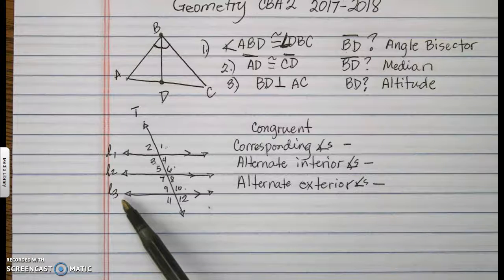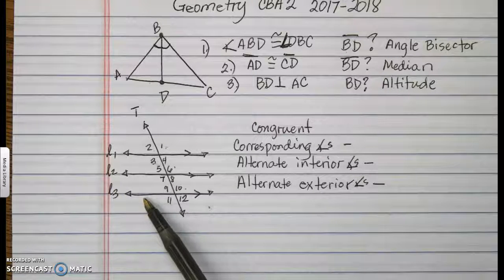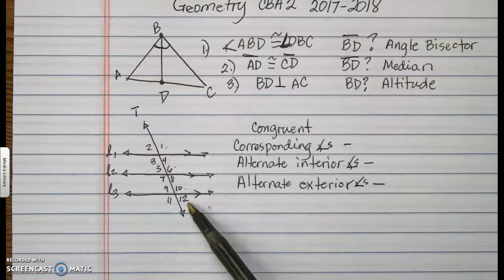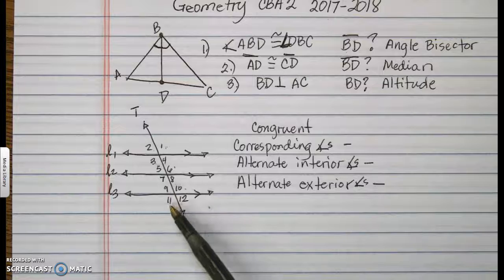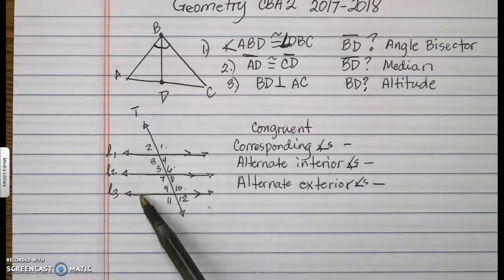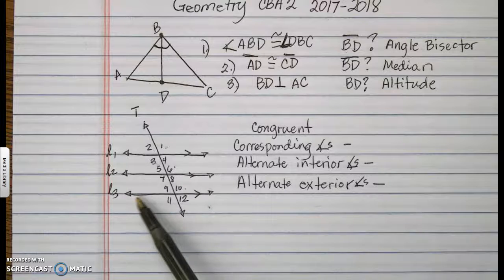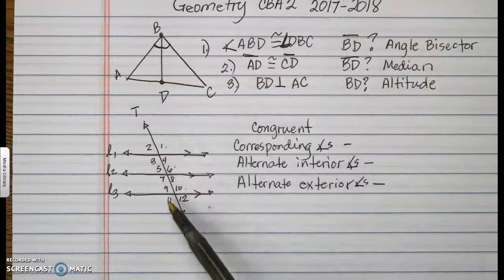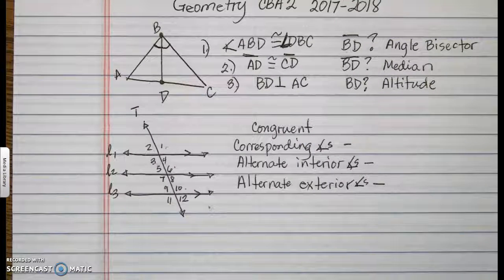Now let's go to lines 2 and 3. Lines 2 and 3 alternate exterior are as follows. 5 and 12, 6 and 11. And then now we go to lines 1 and 3. Alternate exteriors are 2 and 12, 1 and 11. Those are all your congruent angles.